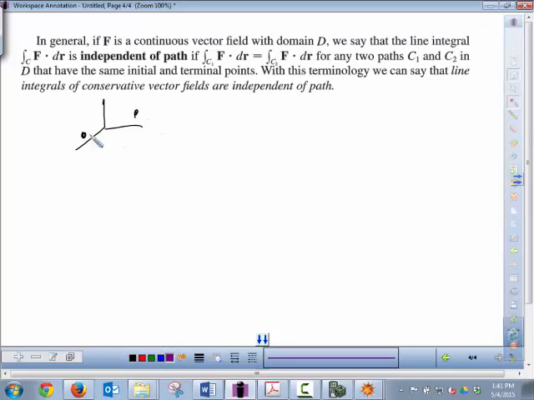Whether you're going in a straight line path, a semicircle path, or a path that loops around in different places, as long as you're going from one place to another, it's still going to give you the same line integral. So all these different paths will give you the same result for your line integrals.